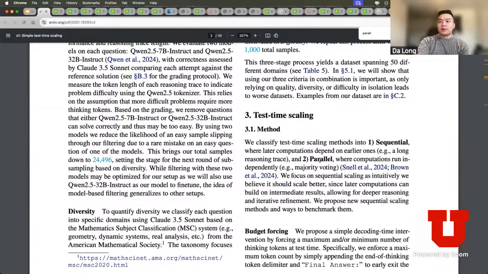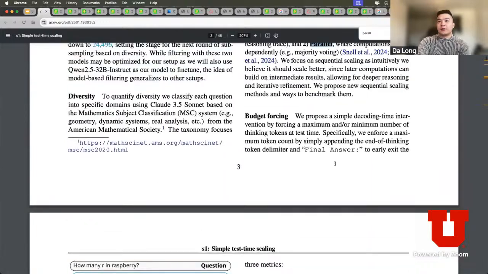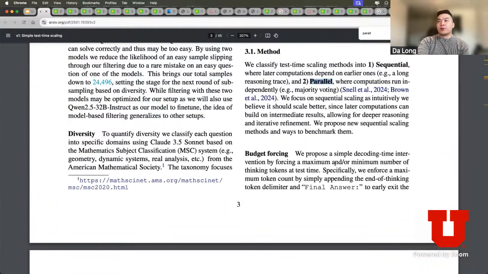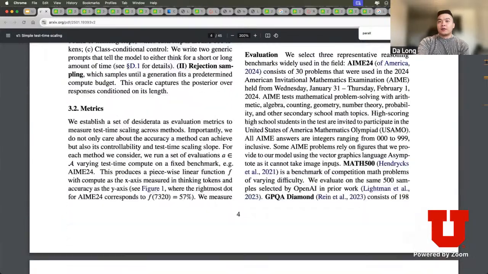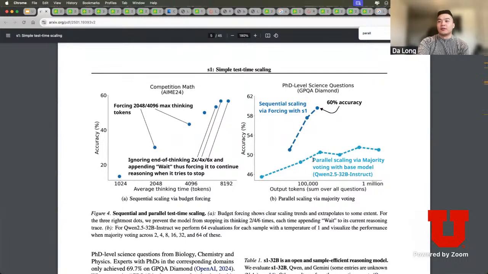The other way is parallel, which is their baseline: the model generates multiple answers in parallel and then does majority voting. They show that the sequential approach, with their method, is better than generating multiple answers.